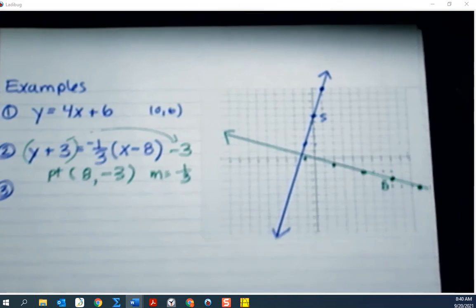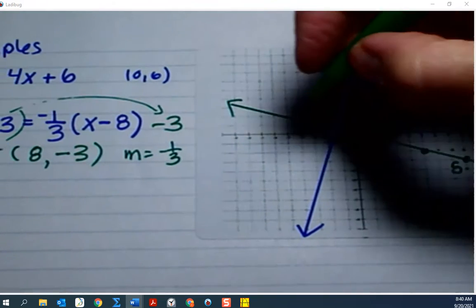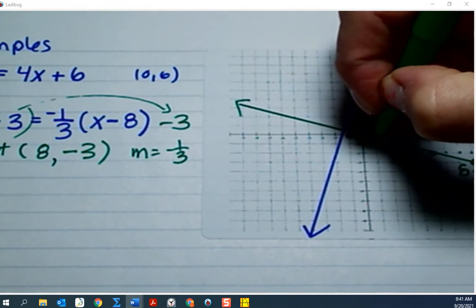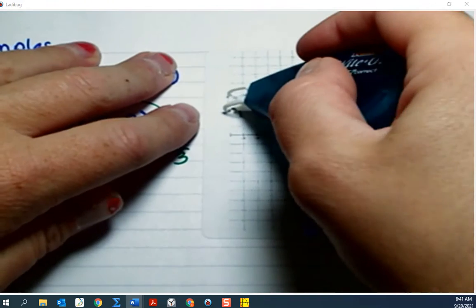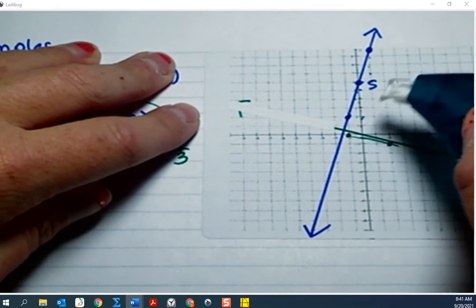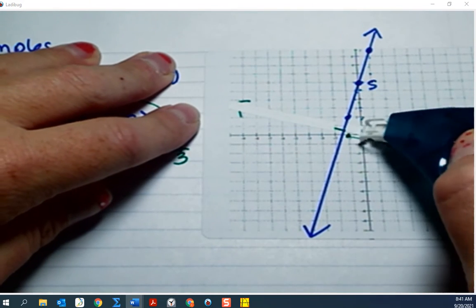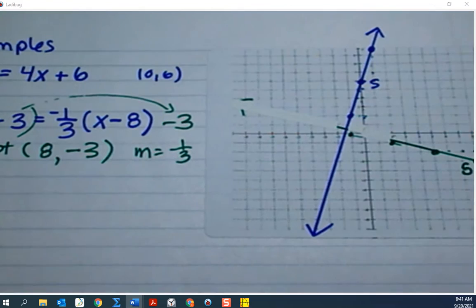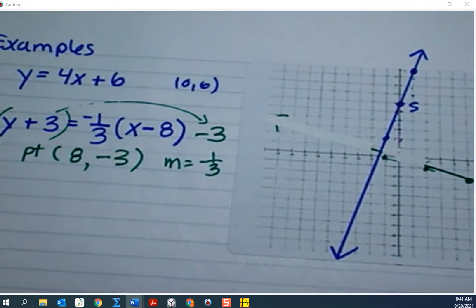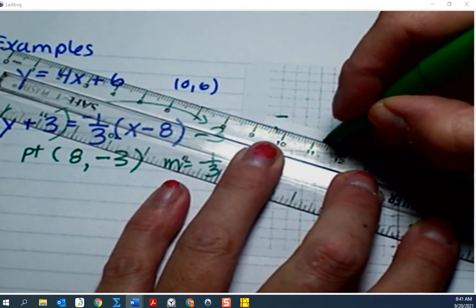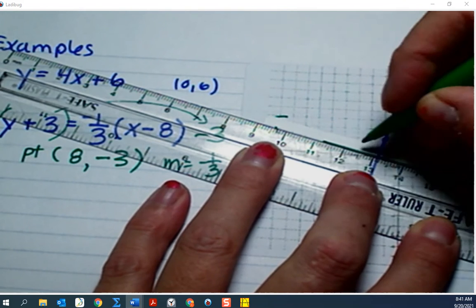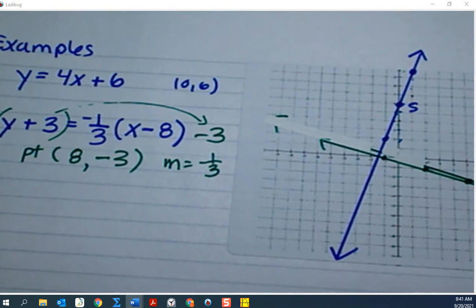Now my line isn't as neat as it should have been, so it should have been more like this, right? And I can't tell what my y-intercept is. It's another good reason to count your slopes a little bit further. There you go. I can't actually tell what my y-intercept is.